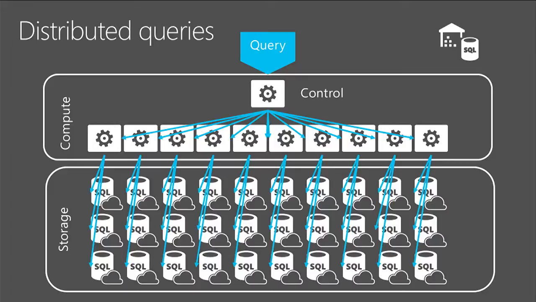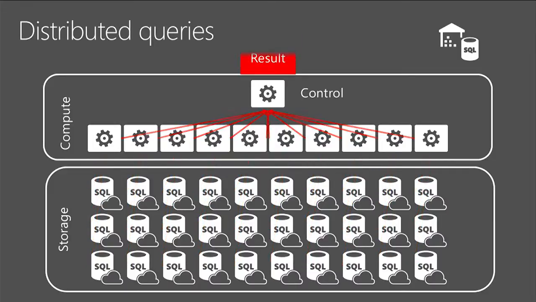As the results are calculated, the intermediate values are passed back through to the control node from the storage, and a user is then given the result. That means multiple levels of calculation take place, but it means we're able to scale to reach new heights of capacity and management.